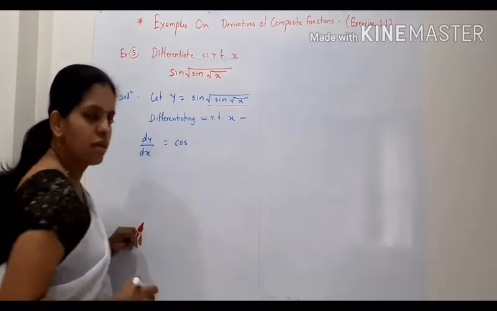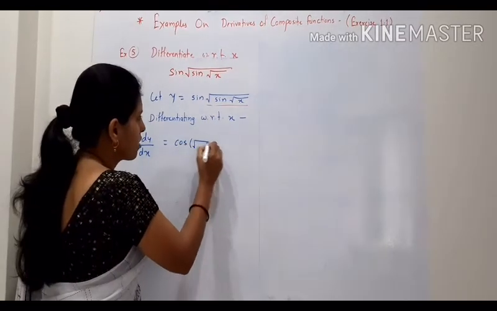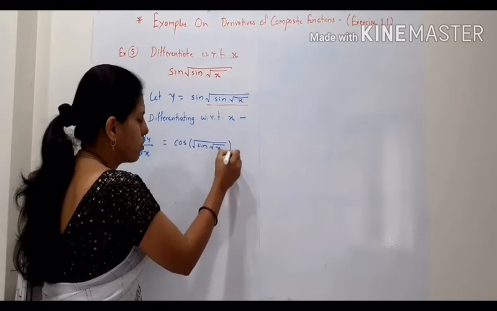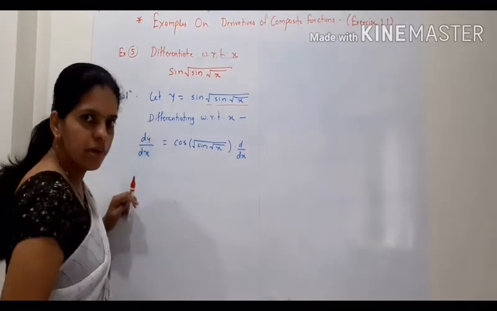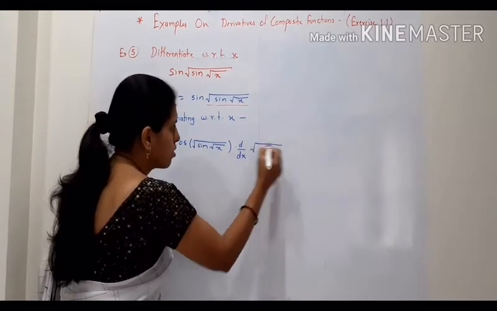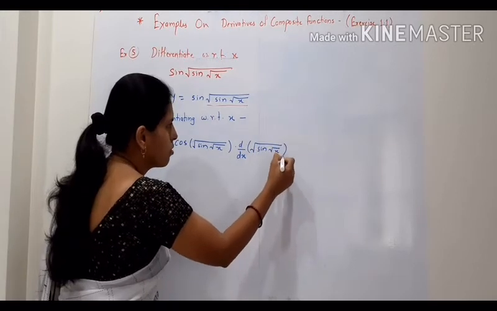Derivative of sin is the cos. Cos fx is the cos of root of sin root x, multiplied by taking the derivative of this replaced term, that is root of sin of root x.